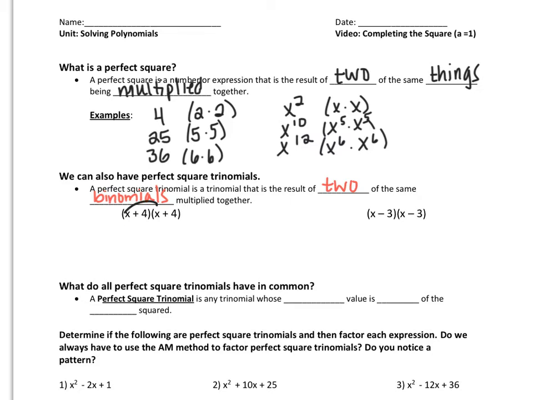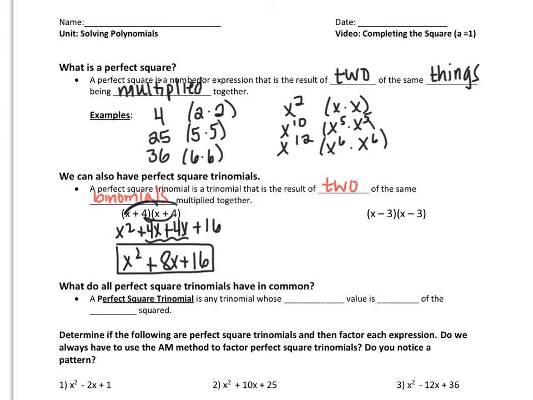So x times x, x times 4, another 4x, and then 16. So if I combine like terms, I'll just get x squared plus 8x plus 16. So this is my perfect square trinomial.